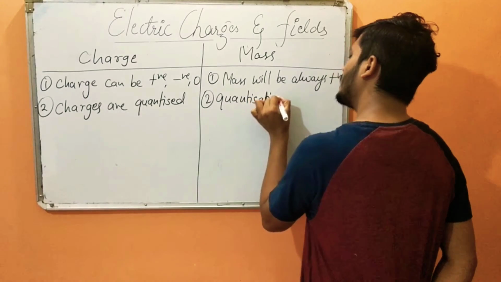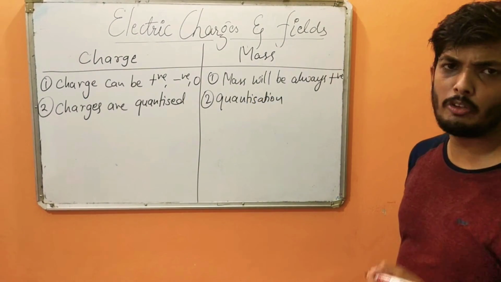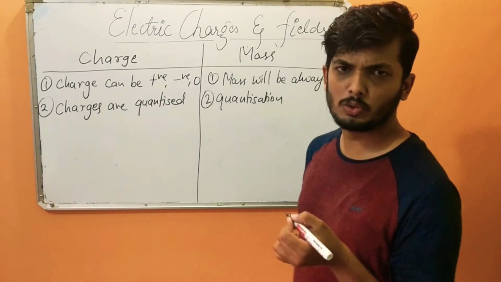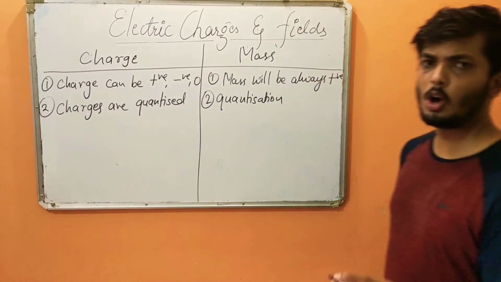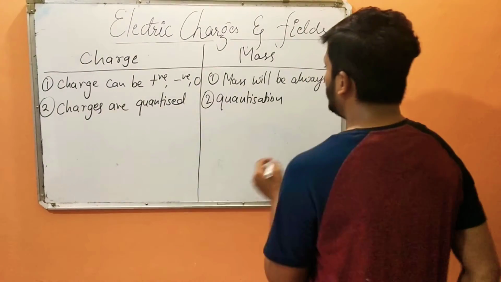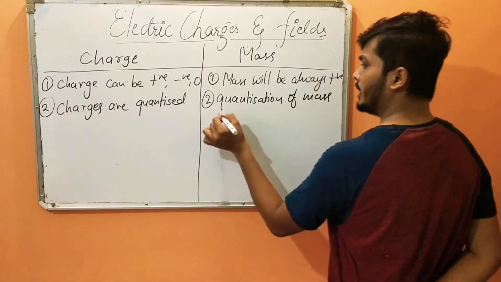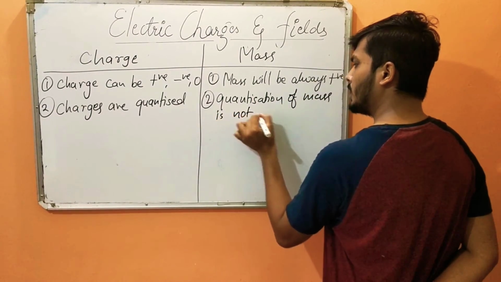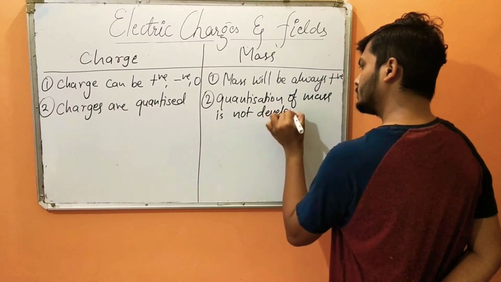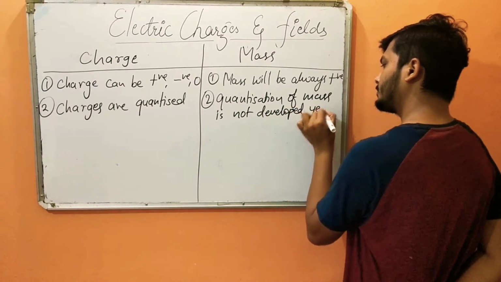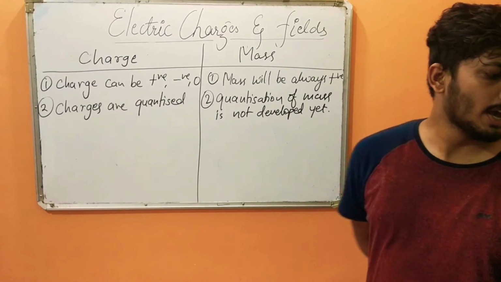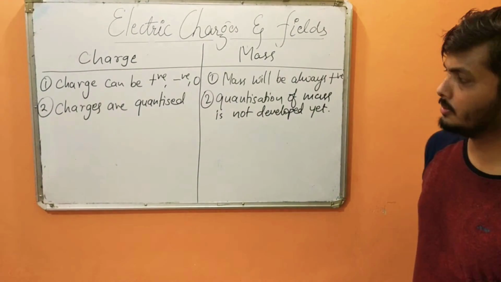So we are not sure whether the quantization of mass exists or not. The research is going on, but the theory isn't developed yet to study the quantization of mass.